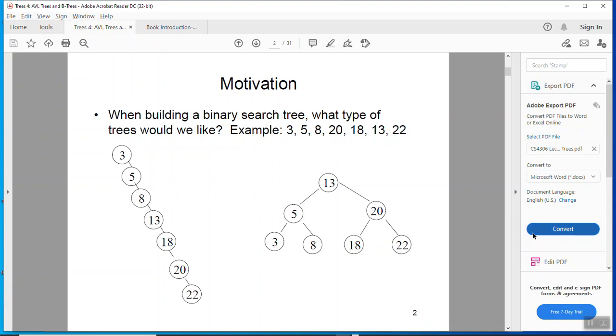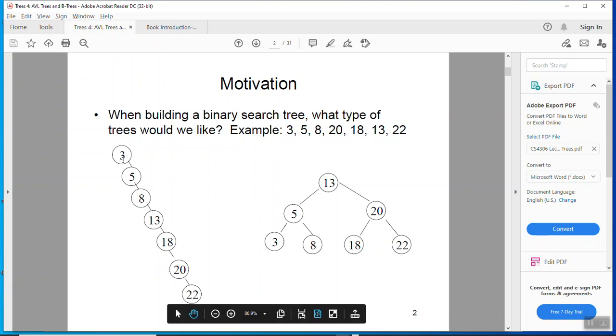In that case, it is not guaranteed that all BSTs will be balanced like the right side one. So this is a problem in BST: it does not guarantee searching in logarithmic time.